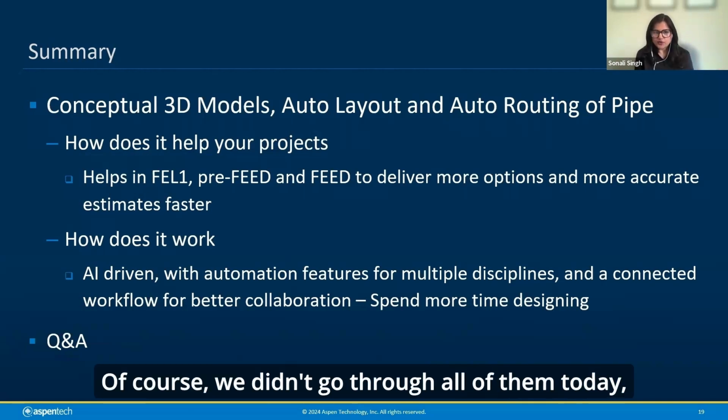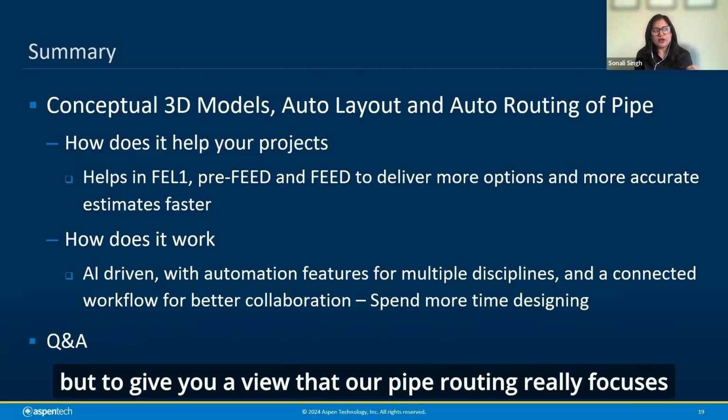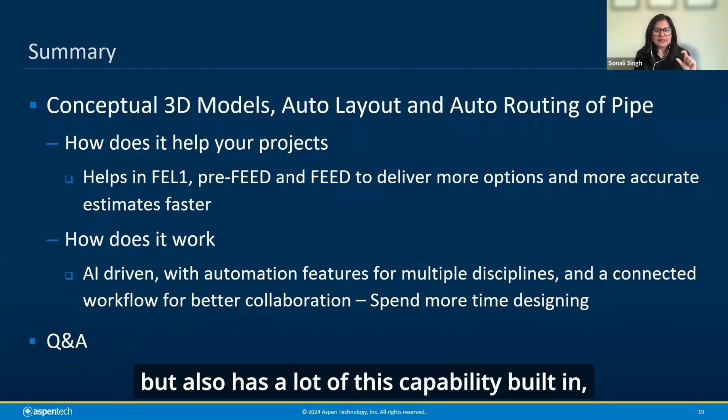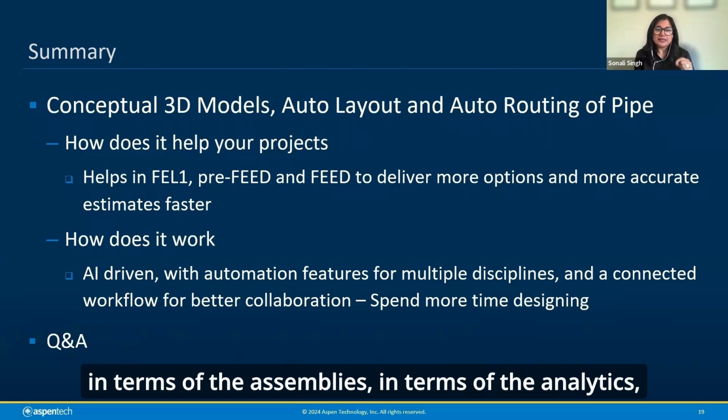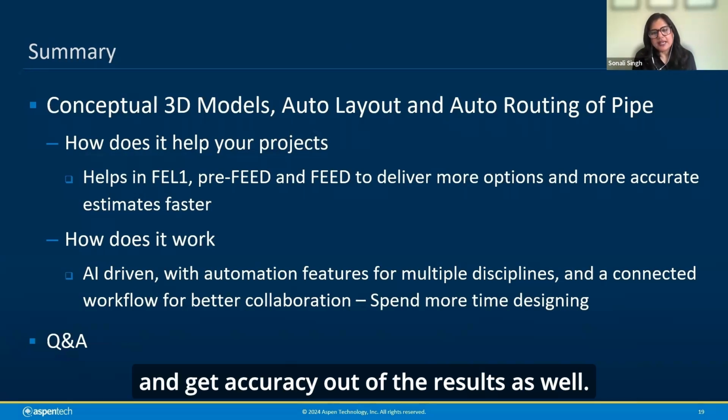Of course, we didn't go through all of them today, but to give you a view that our pipe routing really focuses on interference, validating the layout, but also has a lot of this capability built in in terms of the assemblies and the analytics, so that you can run these iterations quickly and get accuracy out of the results as well.